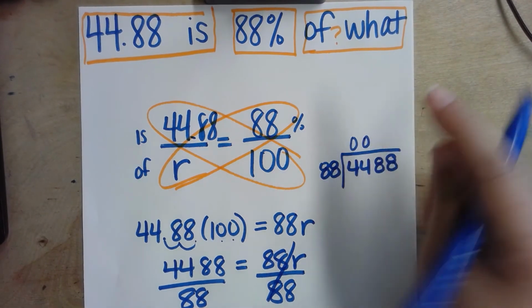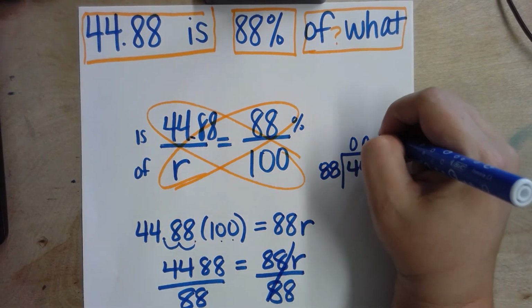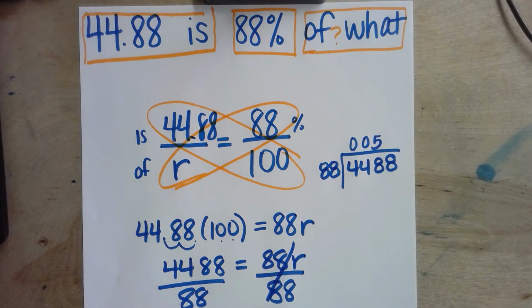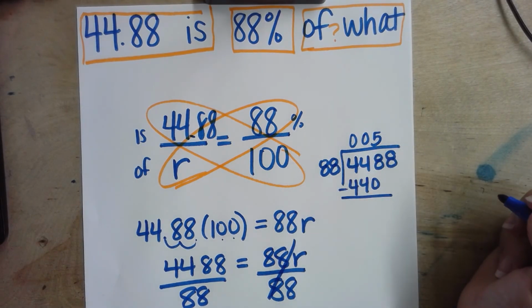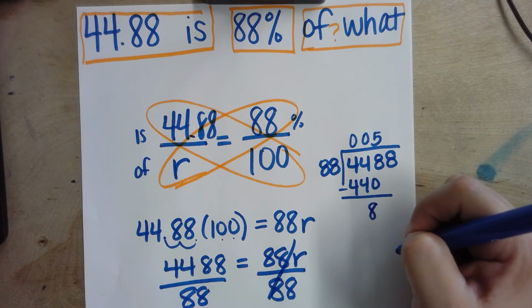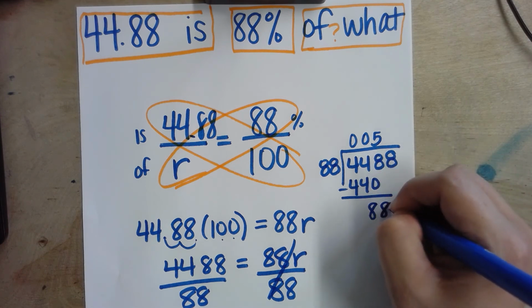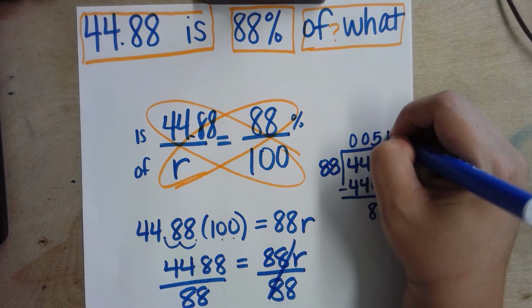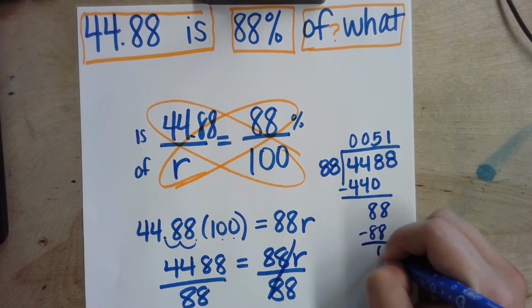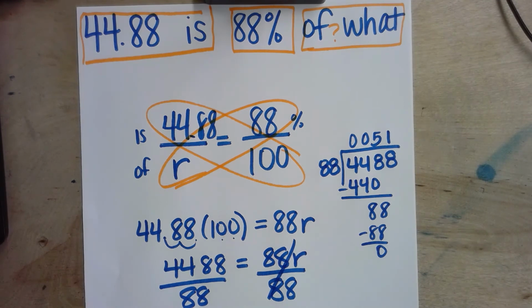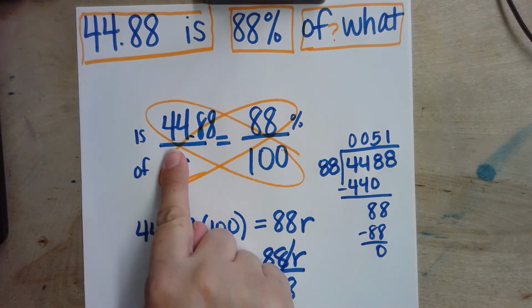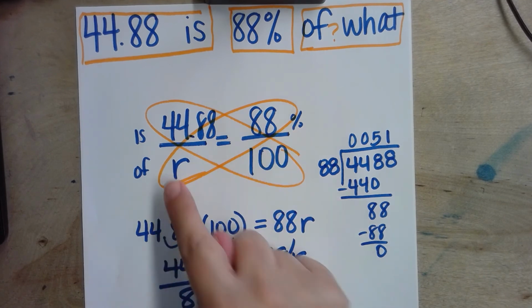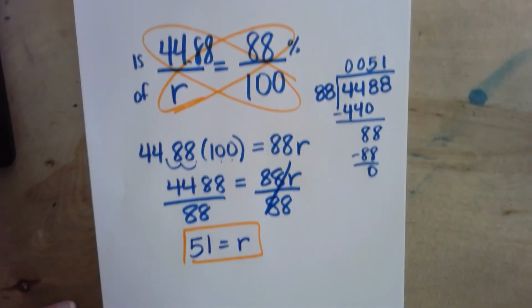It cannot go into 44, but it can go into 448 5 times. That would be 440. Have 8 left over. I'm going to bring down my 8. 88 goes into 88 one time. So the answer is 51 equals R. 44.88 is 88% of 51. And there it is. Sorry, you couldn't see it.